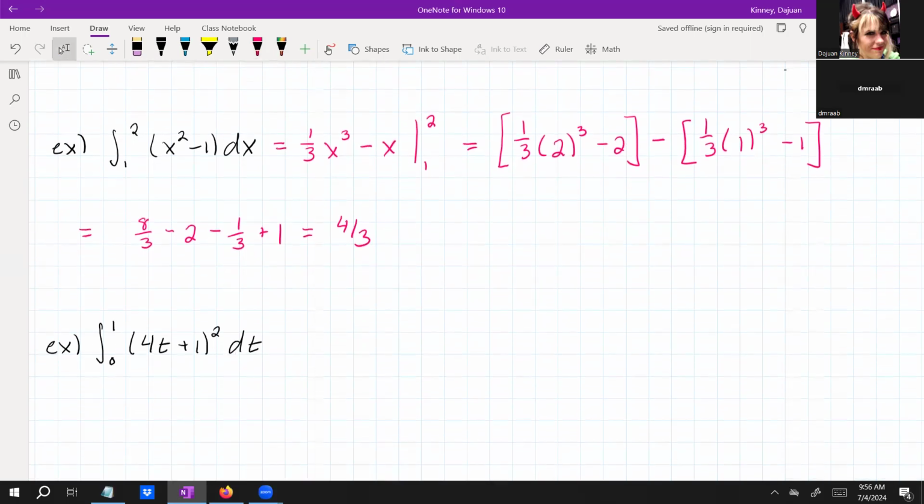Okay. So we can do a U sub. We can expand our fraction. I'm going to be weird and expand my fraction. Not my fraction, my binomial. All right, this gives me 16t squared plus 8t plus 1 dt, right?